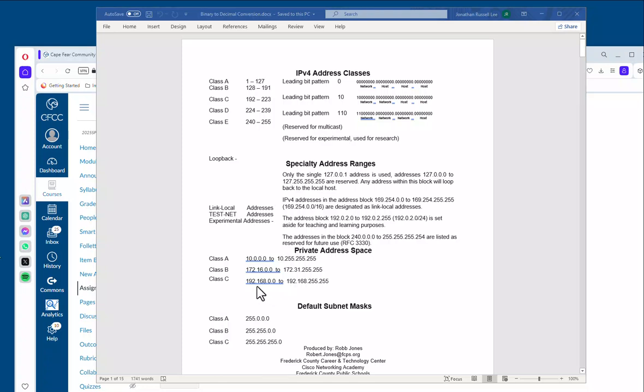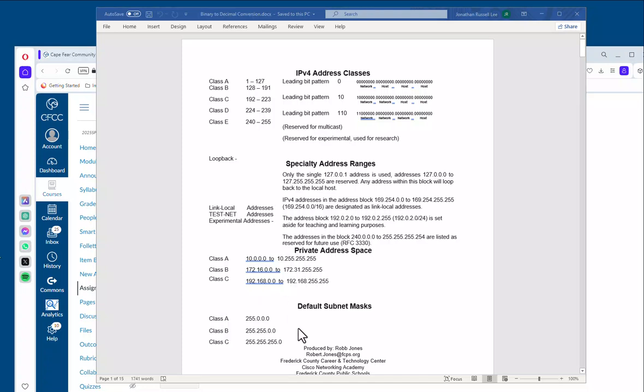You could also go in and tell your router to use either 172.16 or 10. It doesn't really matter. These are all private IP addresses that you can use inside your house, inside your office, whatever. They can't be routed over the internet, though.